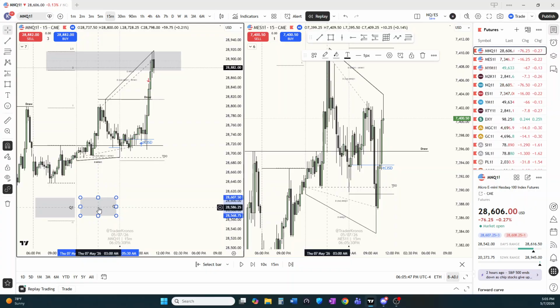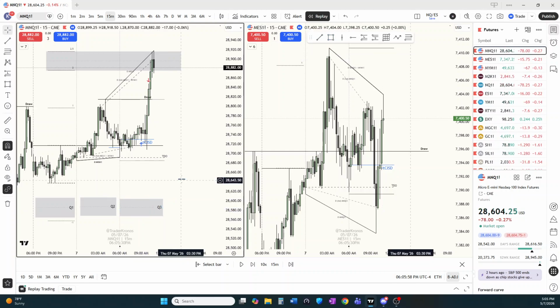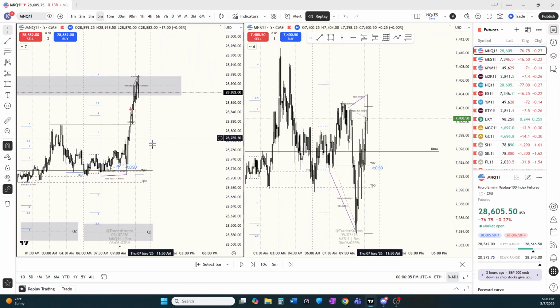Let's see, Q2. To 12 o'clock. If within Q3 I drop back out, and in quarter 3, right, I have a sequential SMT, which one put in the high?